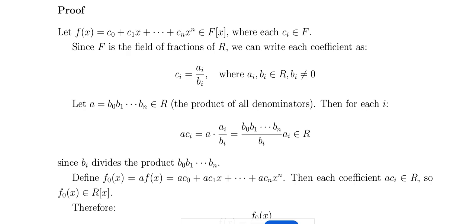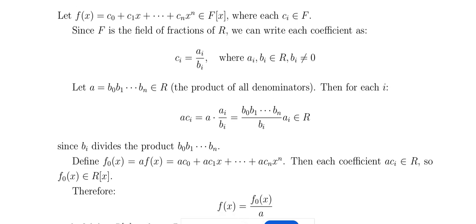So let a equal the product b_0 b_1 ... b_n of all the denominators. Then for each i, a times a_i over b_i equals a times the product b_0, b_1, ..., b_n divided by b_i, times a_i, which obviously belongs to R, since b_i divides the product of b_0, b_1, ..., b_n.